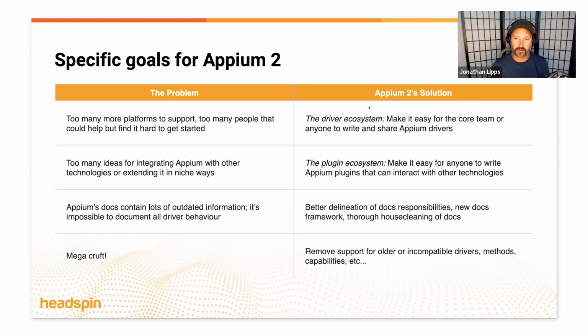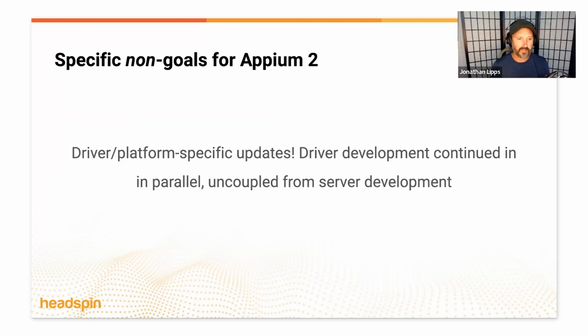If you've worked on any software project that's long lived, you know that it requires constant maintenance and updating. Otherwise, eventually technical debt or just old code can overwhelm a project. So those were the goals for Appium 2.